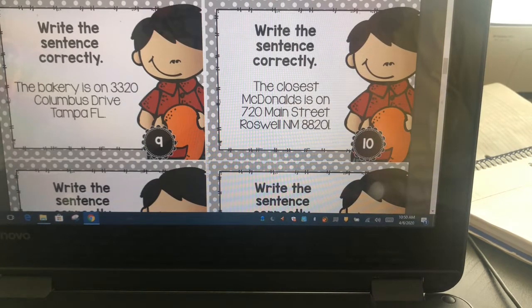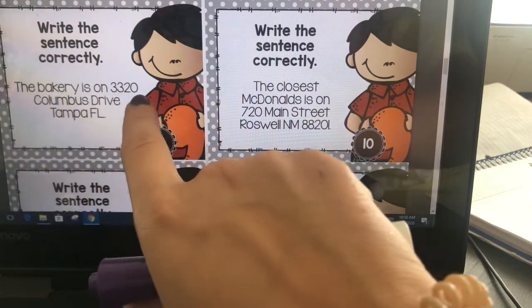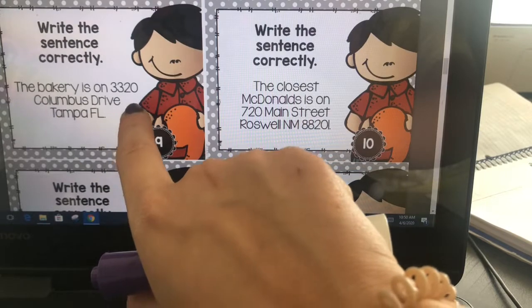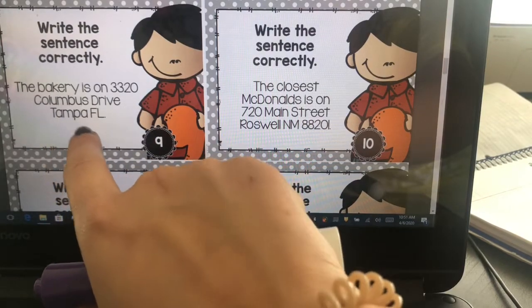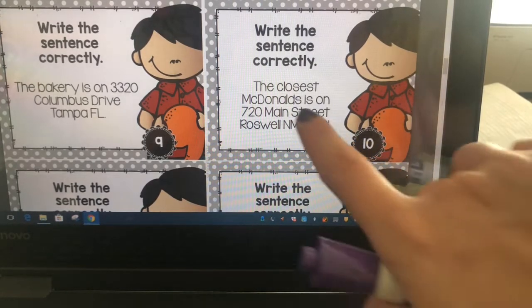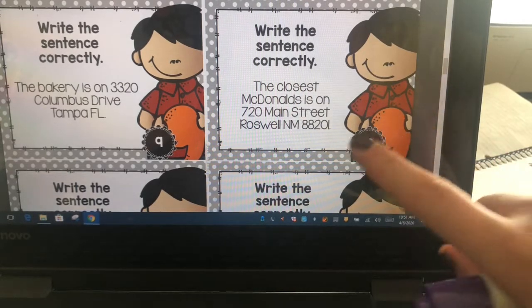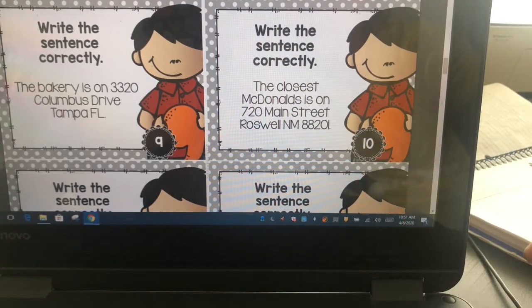Now with writing number 11, remember we have to add a comma where it says the bakery is on 3320 Columbus Drive, comma, Tampa, comma, Florida. So that sentence is going to need two commas to separate the street, the city, and the state. Let's continue practicing with the next cards and writing a sentence correctly using an address. Pause the video to write down 10.